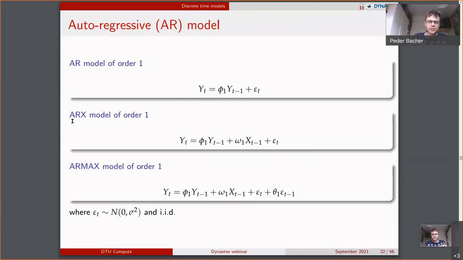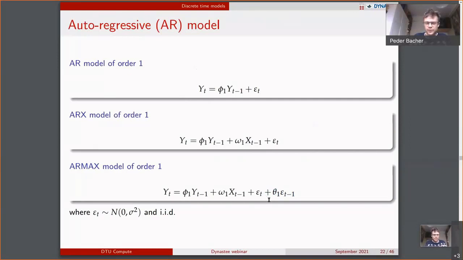If we call it an ARX model, then it has an exogenous input variable X, which gets a coefficient, with the same structure. If we extend it to an ARMAX model, we add the MA, the moving average part: a lag of the previous error.